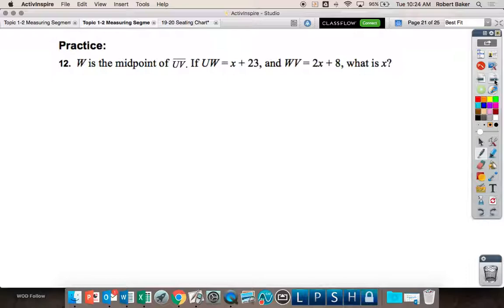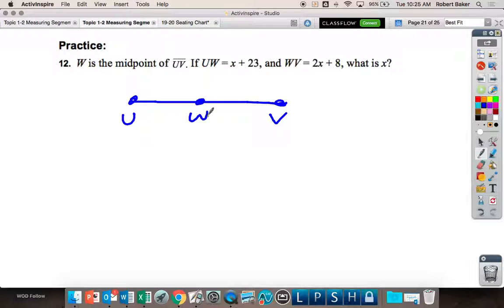So W is the midpoint of UV. What line segment do you draw? You draw UV. And W goes where? In the middle. Exactly in the middle, more or less.